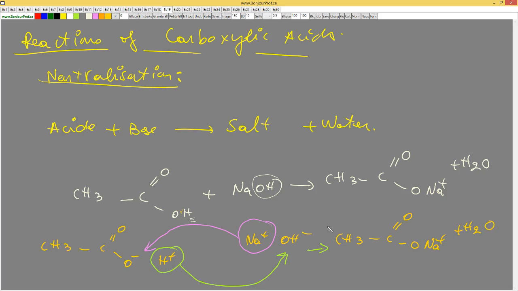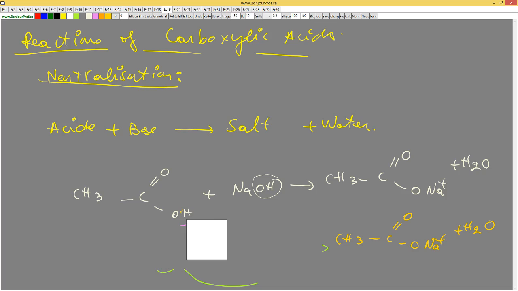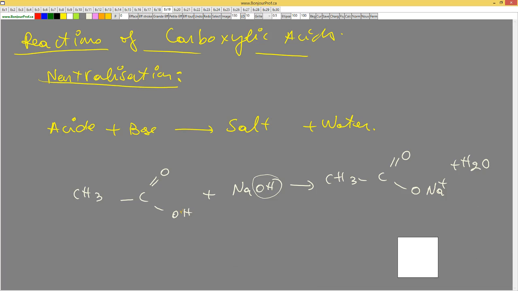If I want to write it now in a compact formula, so this is the mechanism, I explained how we get there. Usually we write it CH3COOH plus NaOH.